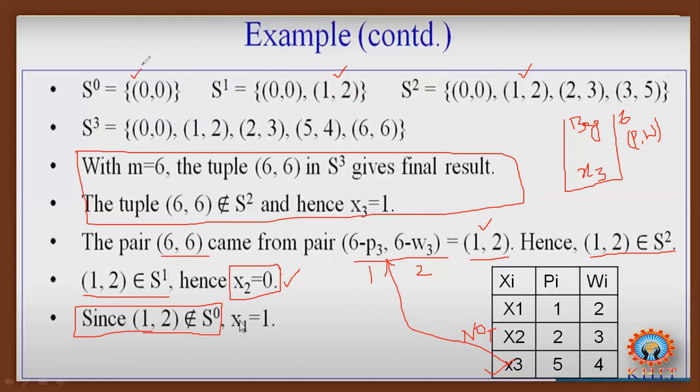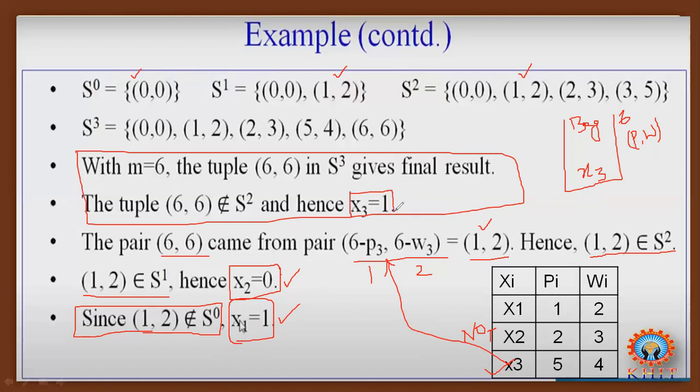If the pair 1 comma 2 is not available in S power 0, it indicates that the first item is to be selected. x1 equal to 1. That means you have selected the first item. That clearly indicates x3 equal to 1.